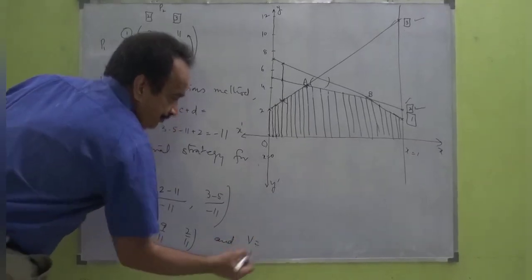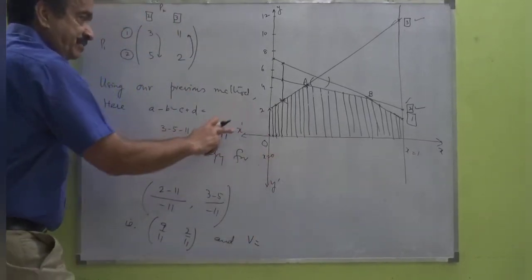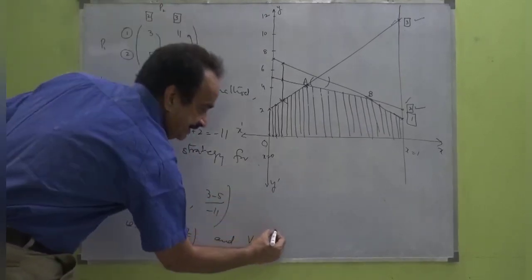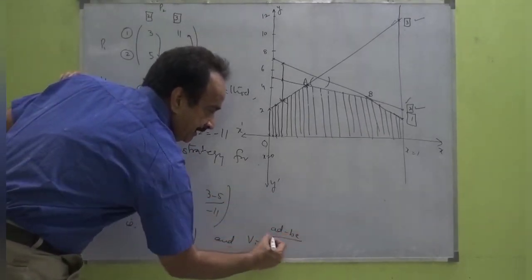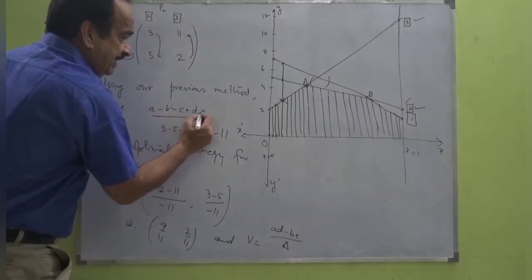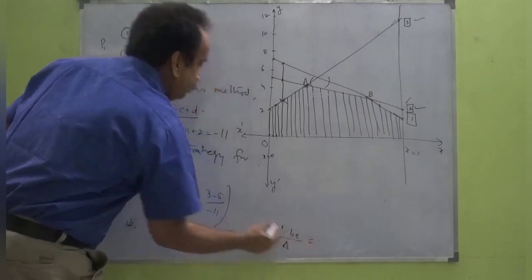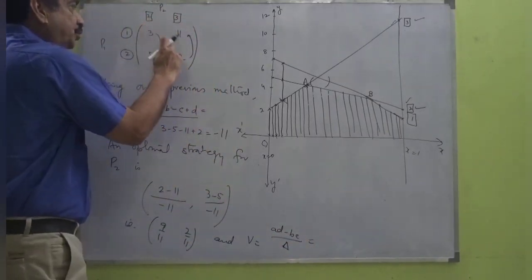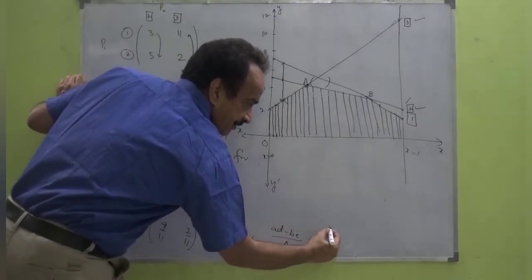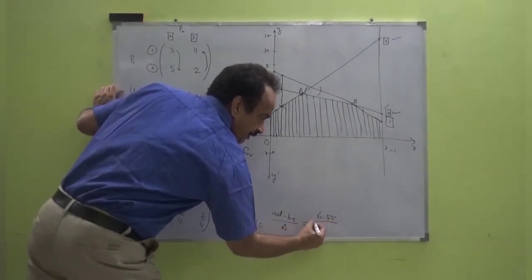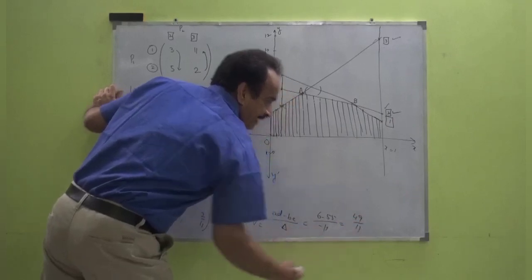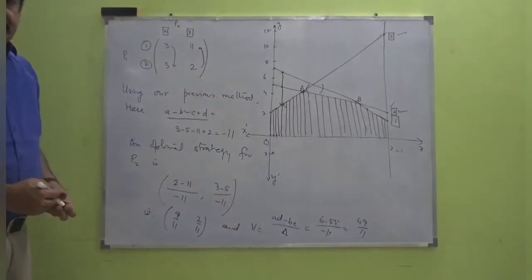v equal to, although it will be the same as the previous one, 49 by 11, can also be obtained from AD minus BC divided by this delta. Delta is A minus B minus C plus D, and the value is AD minus BC over delta. 3 into 2, 6, 6 minus 55, that is minus 49, divided by minus 11, which is 49 by 11.